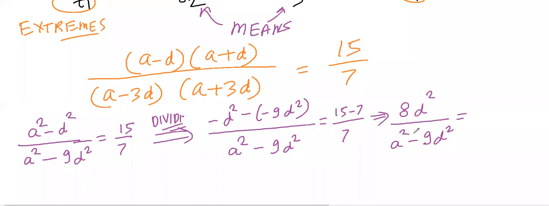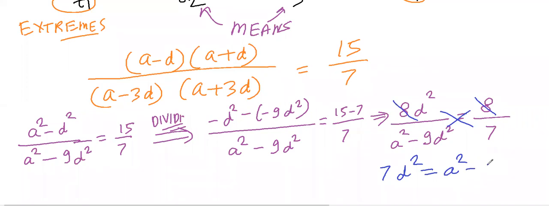So 15 minus 7 is what? It is 8, right? So this is 8/7. This gets simplified further. How? This 8 and 8 get cancelled, and here I will get, later you can cross multiply, 7D square is equal to A square minus 9D square.